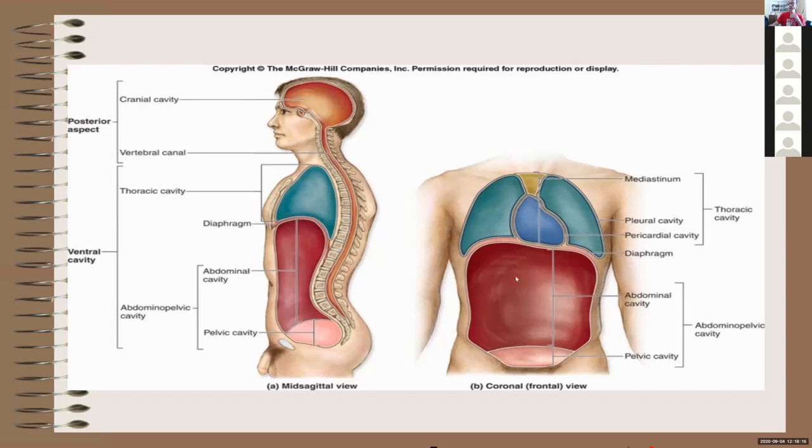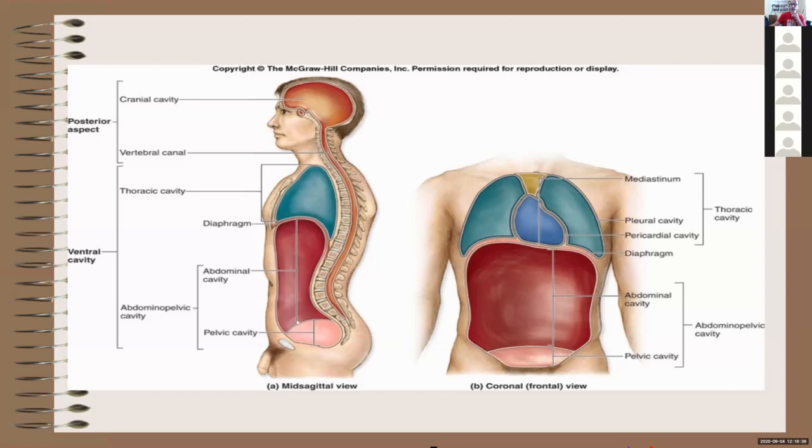And the abdominal cavity holds our liver, stomach, pancreas, spleen, small intestine, large intestine, and a few other smaller things like the kidneys. And it keeps all of those organs in place. And they're actually all held in place, which we'll talk about later when we get to connective tissues.